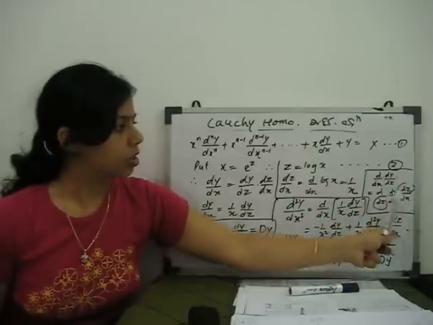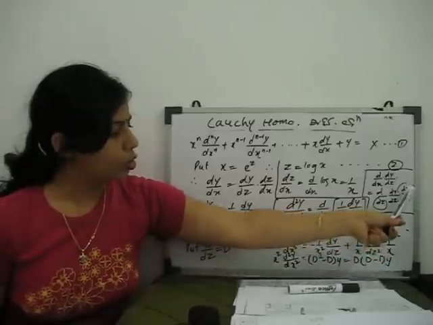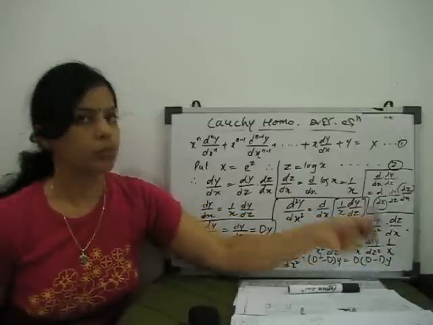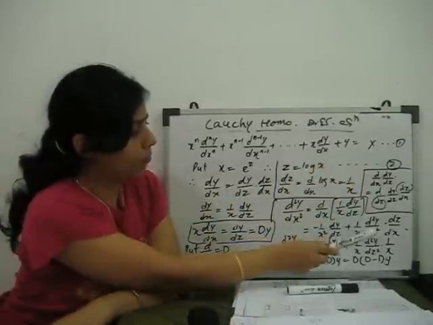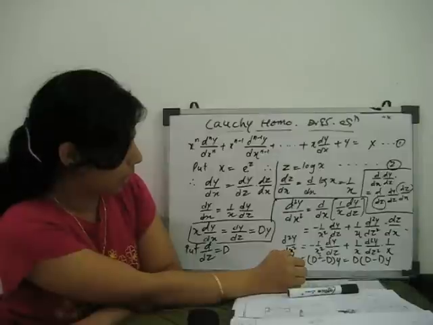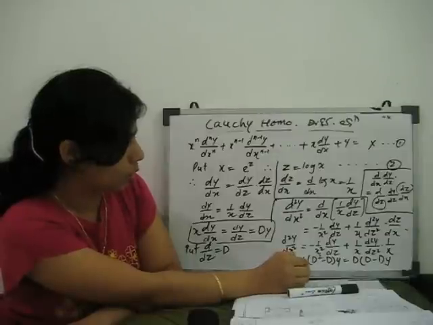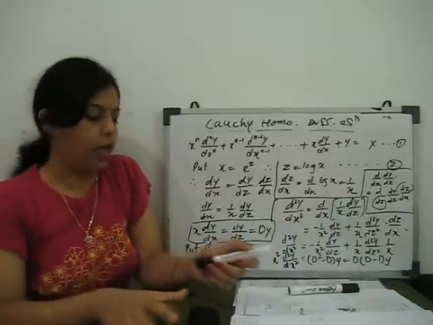So this becomes d2y by dz square into dz by dx, and dz by dx is 1 by x. Replacing here, x square d2y by dx square is equal to D minus 1 of y.